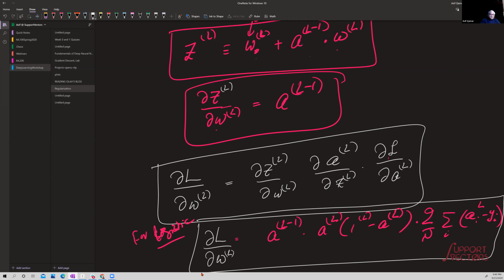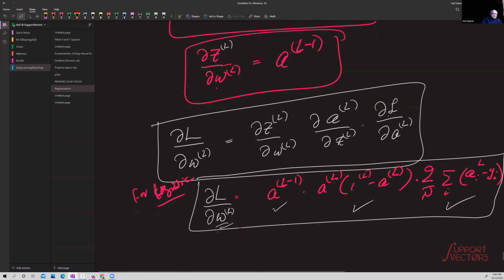Everything comes from the forward pass, right? You can plug that in to compute the derivative. And now observe something very interesting. These parts are easy, but ultimately this depends on knowing the derivative of the loss function with respect to AL minus 1, isn't it?